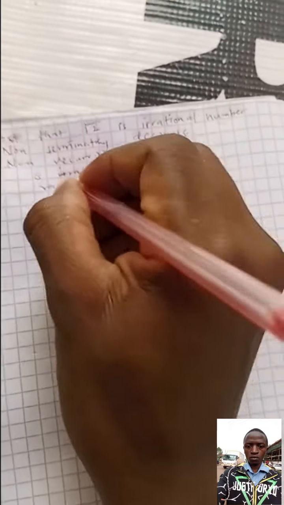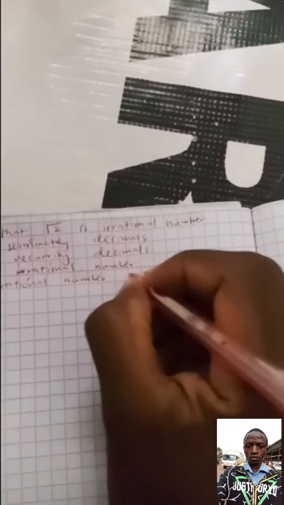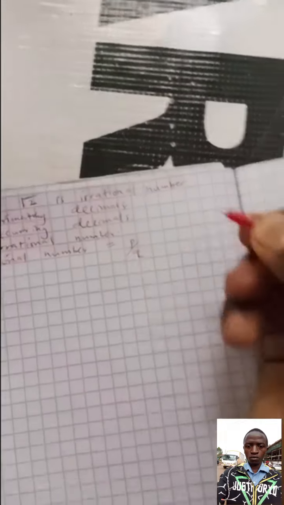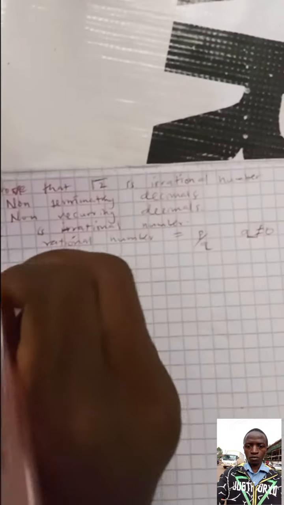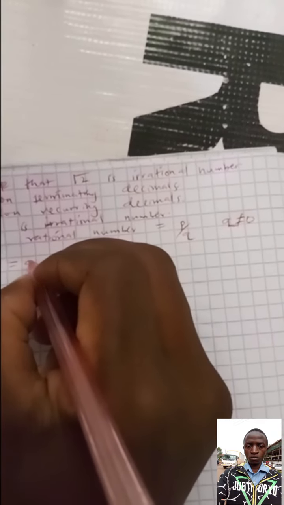We know that a rational number is a number which can be written as a fraction, that is p over q, where q is not equal to 0. So let's assume that root 2 is rational.